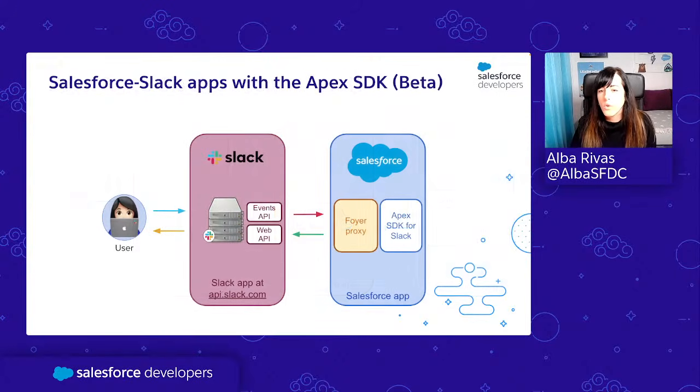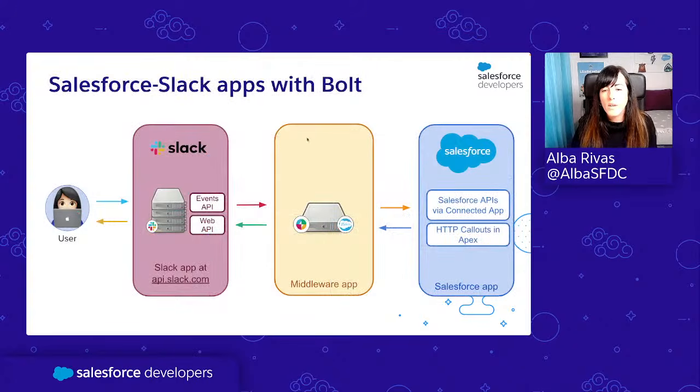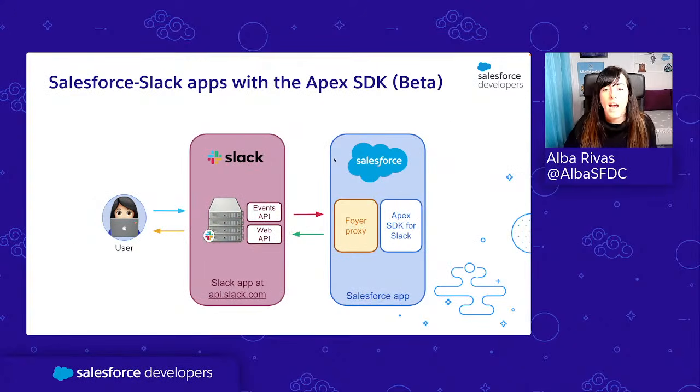Okay, so what happens with the Apex SDK, in summary, is that all that middleware app disappears, and we do all that for you. The Apex SDK team has created something called Foyer Proxy, and this Foyer Proxy is in charge of authentication, user mapping, and routing, right?